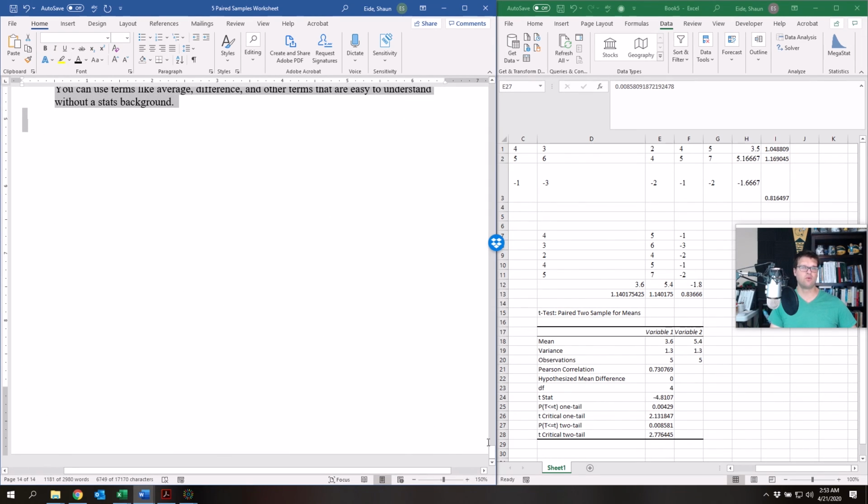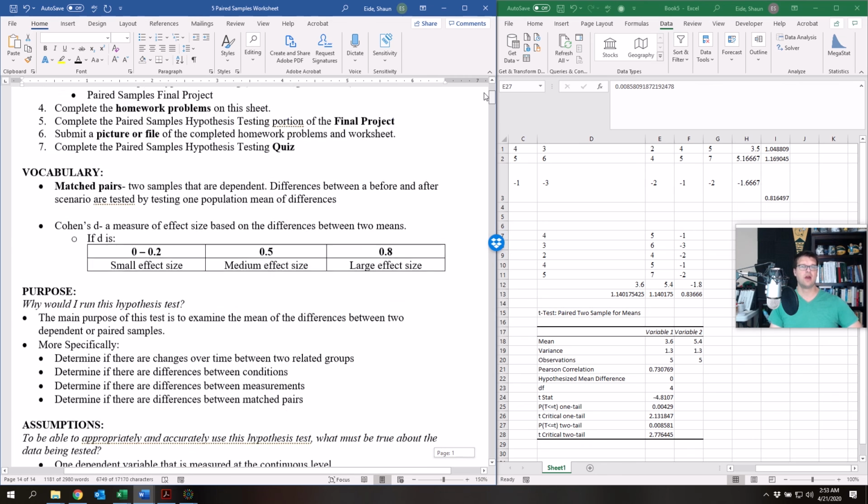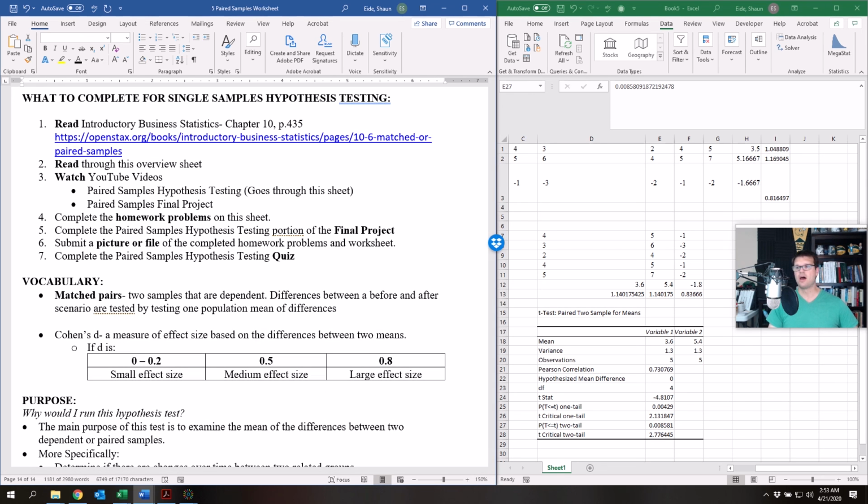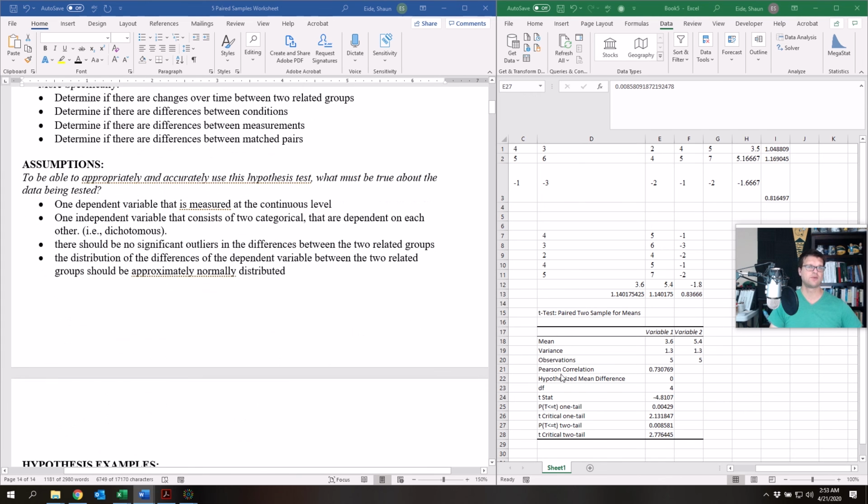I only want you to do 2, and then I want you to do the hypothesis, the final project one, and that's it. I don't want you to spend too much time. I feel like we just keep on going through the same thing over and over again, which is this process of hypothesis testing, but hopefully by the end of it, you'll be really solid with it. So that's all we got for this, and I will come back and I'll do the last one a little bit later.